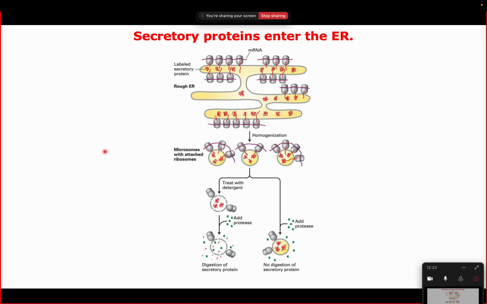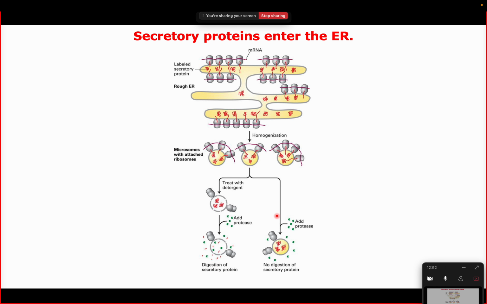Okay, so if you disrupt these vesicles, what will happen? The protein will be exposed to the surrounding, or the buffer in this case, because these experiments were taking place in vitro. And if you then add proteases, what will proteases do? Proteases basically digest the protein, correct? So you will get digested protein. On the other hand, if you don't add any detergent, the protein will be safe inside the vesicle, inside the membrane.